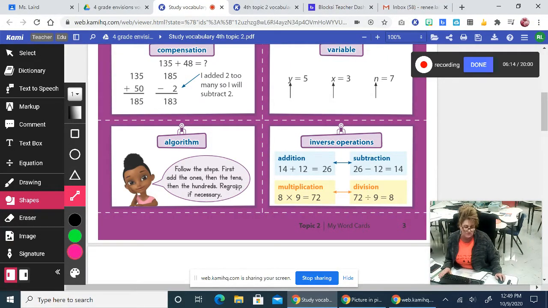That's the standard algorithm of addition. Inverse operation is you're just doing the opposite. Inverse means the opposite. Right here, you have 14 plus 12 equals 26. Then you have 26 minus 12 equals 14. Use the same numbers to make the equation, but instead of adding, you're subtracting.